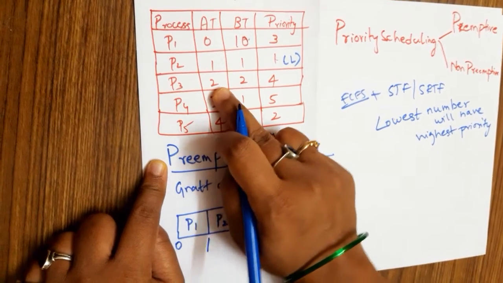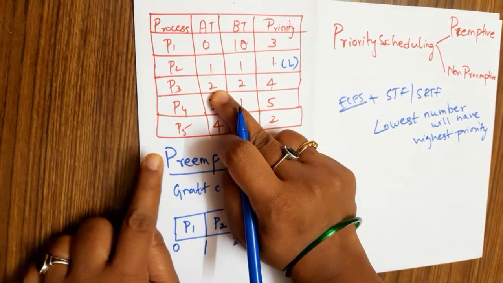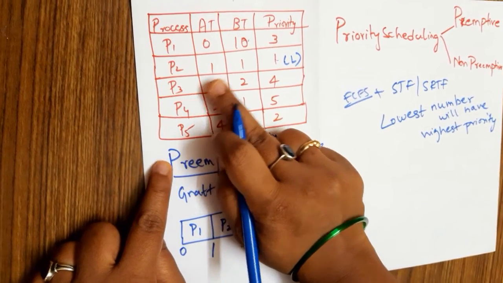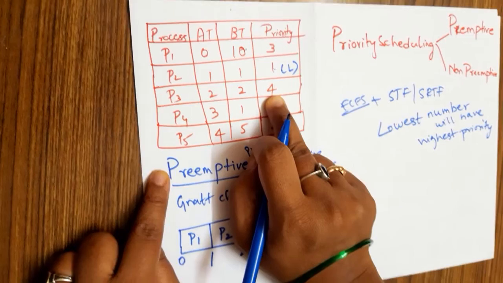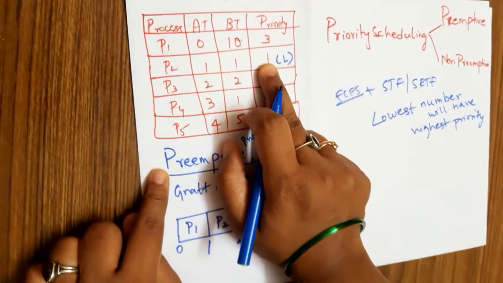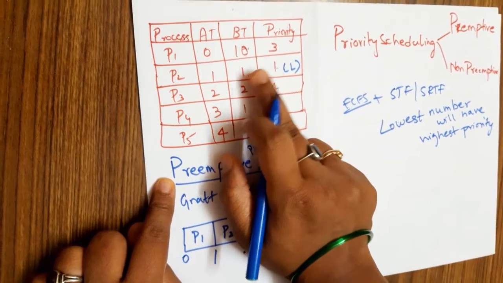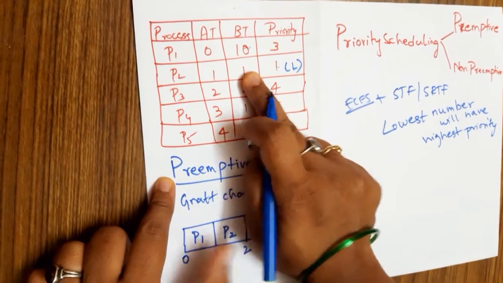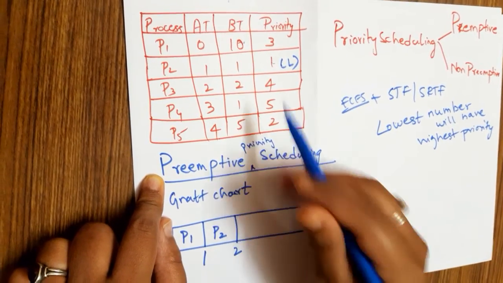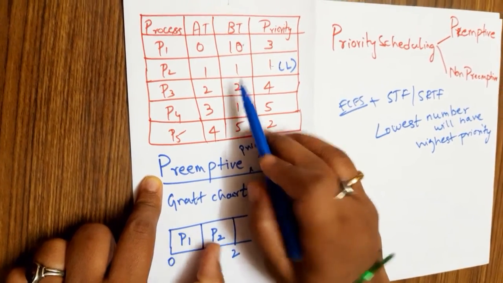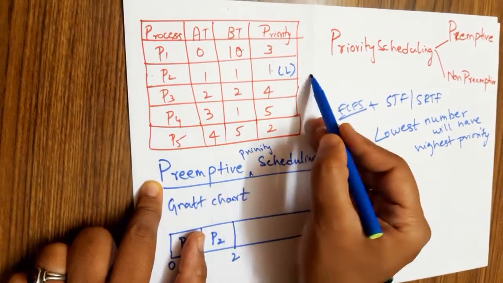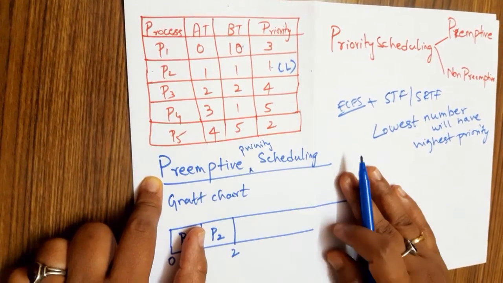When the time is 2, process P3 comes into the picture, but its priority is 4, which is lower in priority than process P2. So I can ask process P2 to complete its execution and go away. Since the burst time is 1, process P2 has executed, completed, and gone out of the CPU.